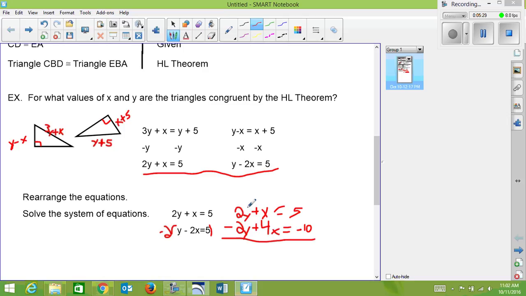So 2y plus a negative 2y, those are gone. And x plus 4x is now 5x. Your 5 plus a negative 10 would be negative 5. Then I can solve for x by dividing by 5. Therefore, your x is negative 1.